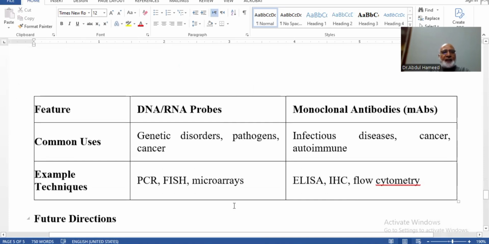Common uses: DNA, RNA probes for genetic disorders, pathogens, cancers; monoclonal antibodies for infectious diseases, cancer, autoimmune responses. Example techniques: PCR, FISH, microarrays, and for monoclonal antibodies, ELISA and flow cytometry.